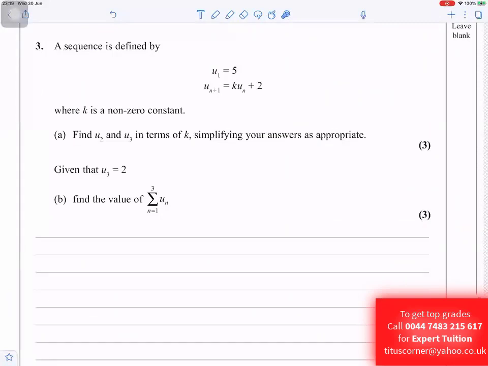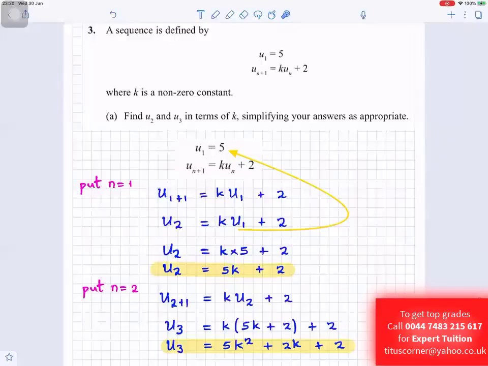A sequence is defined by u1 equals 5 and u(n+1) equals k u(n) plus 2. Find u2, u3, and then also do part B. We start by putting n equals 1. So u(1+1) gives you u2, which will be k u1 plus 2.